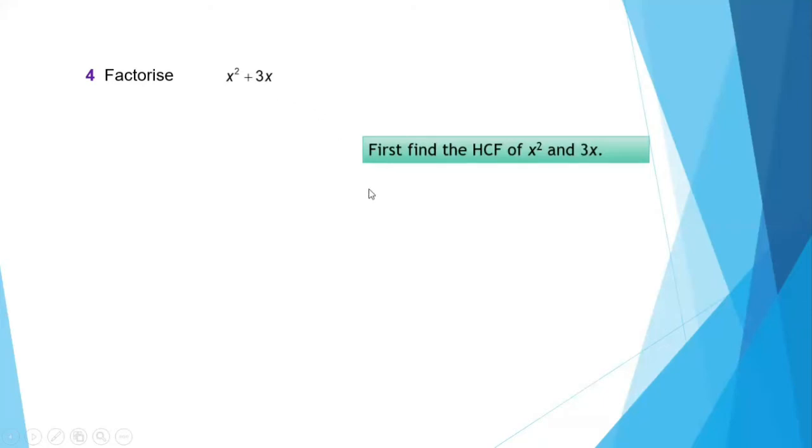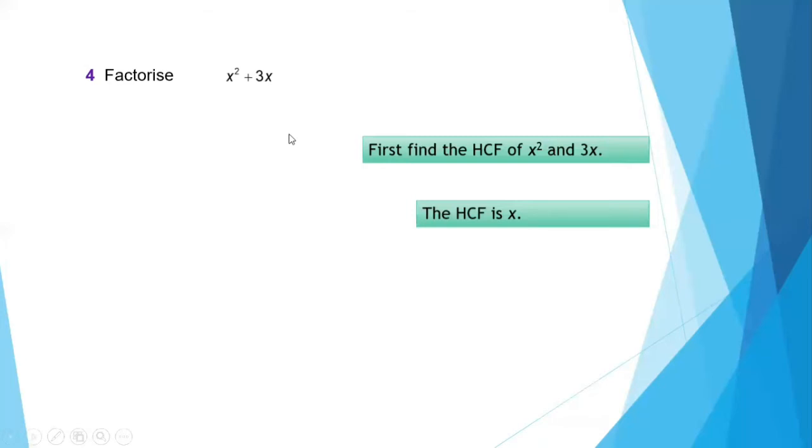Again, now here, children, x square plus 3x. The common factor is not necessarily always a number. It can be a variable too. The HCF of x square and x is going to be x.